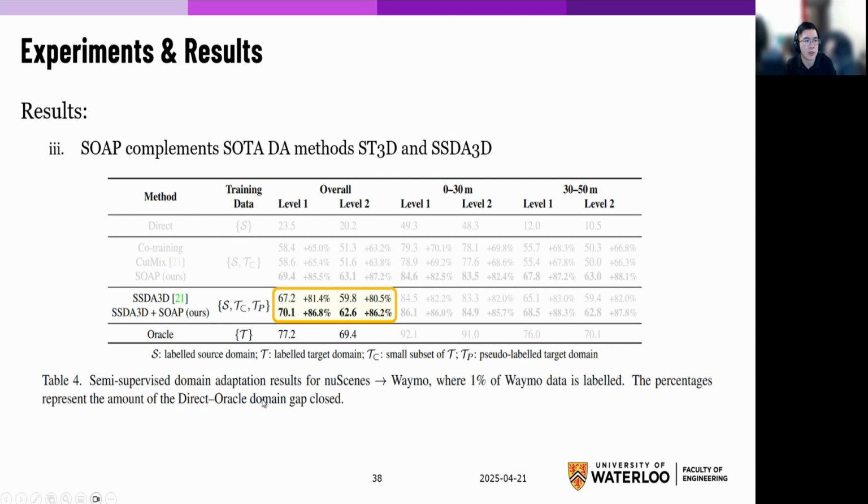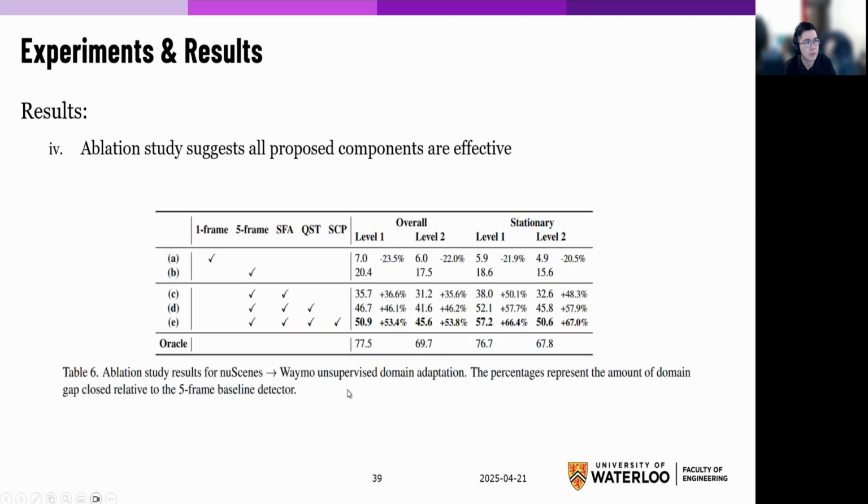A similar effect can be seen with SSDA3D in the semi-supervised setting, where using the SOAP pseudo-labels together with SSDA3D's training technique, we can close over 86% of the domain gap, approaching the oracle performance, using only 1% of the target domain labels.